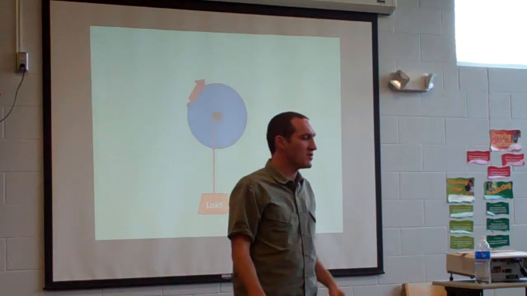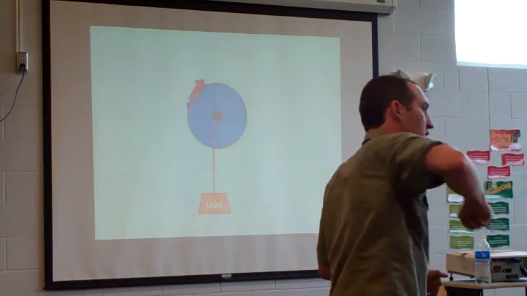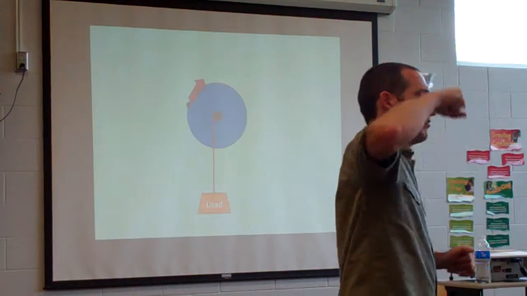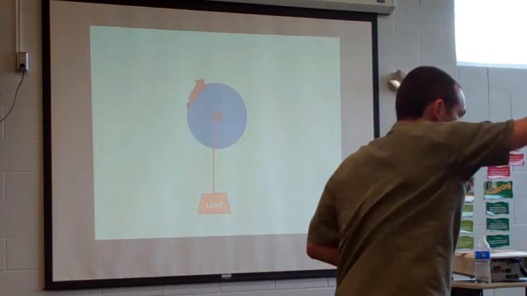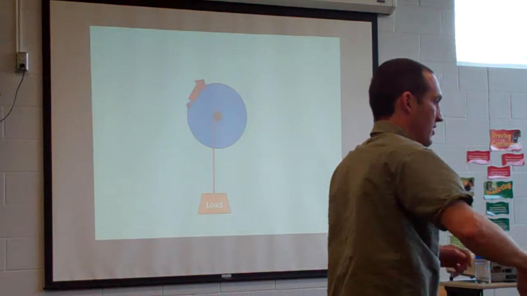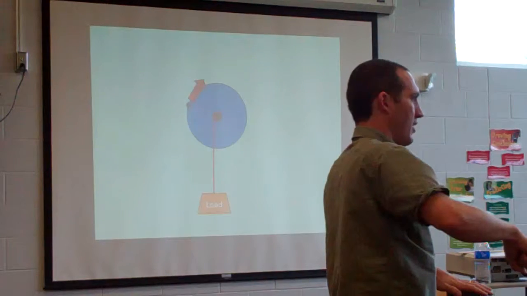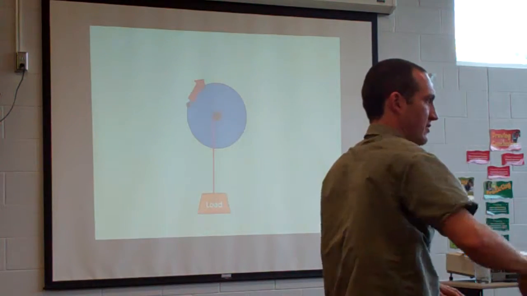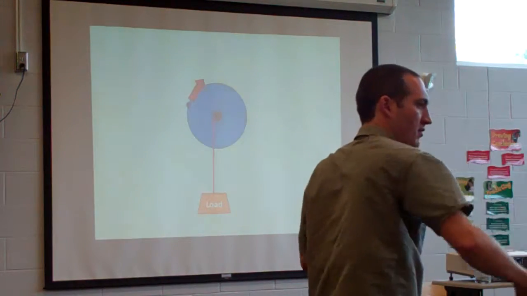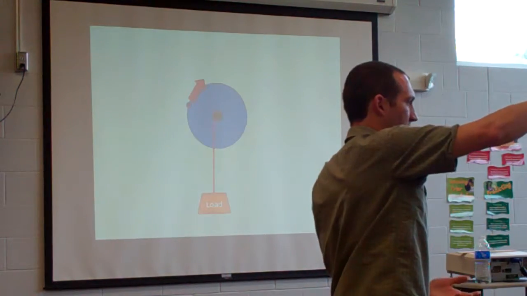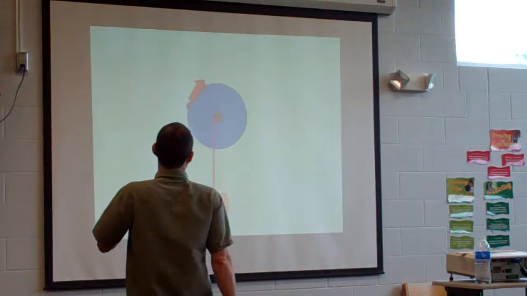Now you can see just by looking at this picture, if you go one circumference, your hand's going through a certain distance, right? The bucket's going to come up more or less than that distance? Less. A lot less, right? But is the force you're going to be applying more or less than the weight of that water? A lot less.